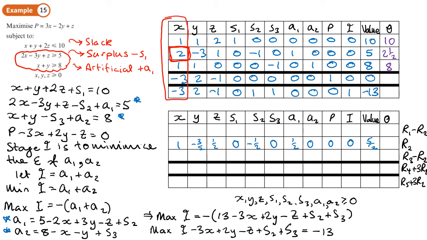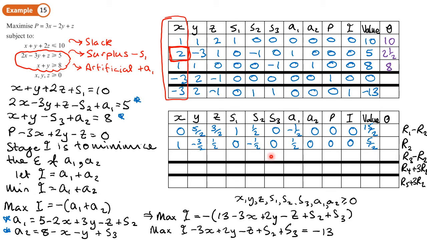So we'll get 0 here, 5 over 2, 3 over 2, 1, a half, 0, negative a half, 0. These will both be 0 here, and the value of 15 over 2.